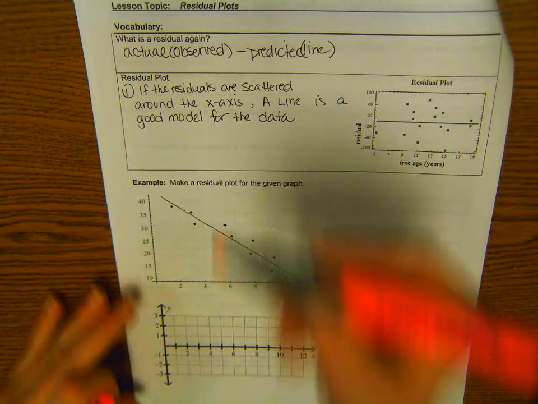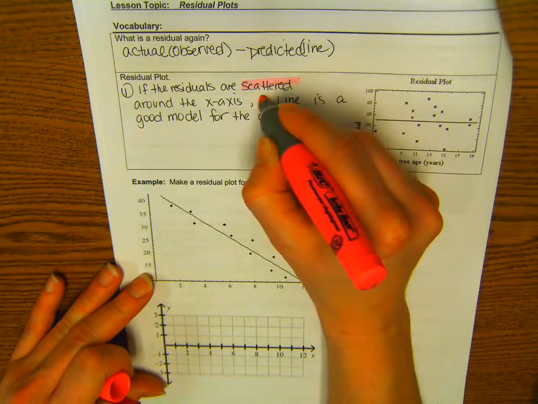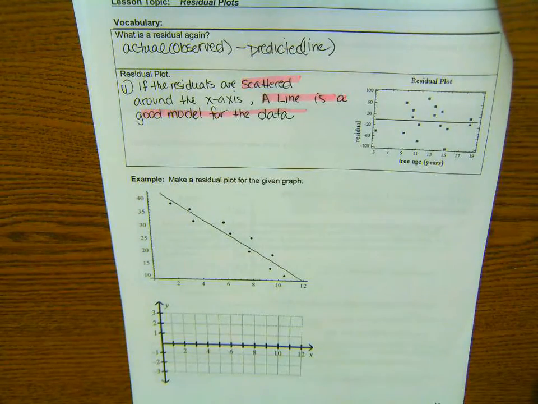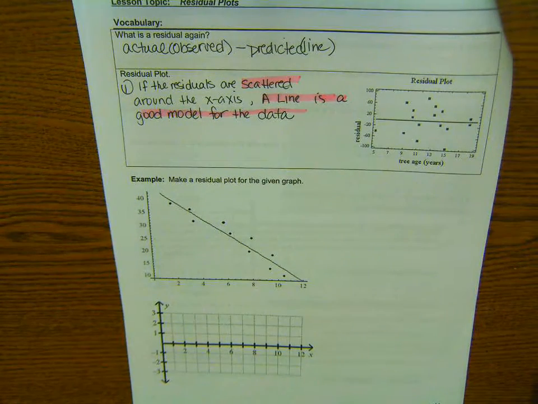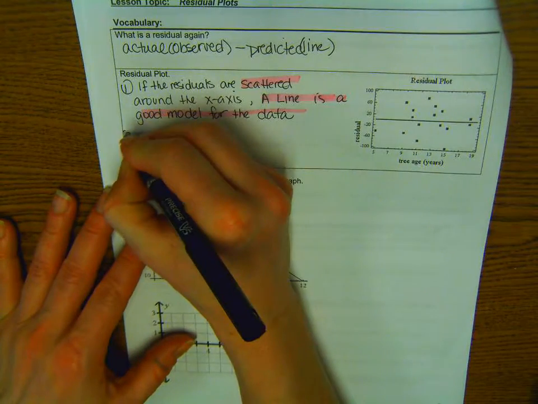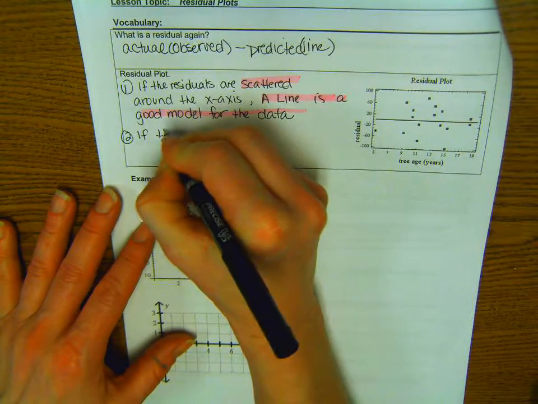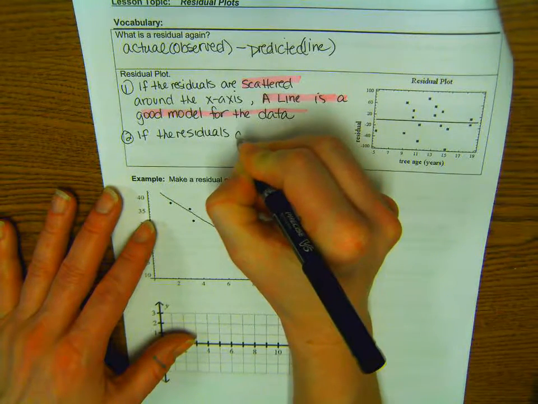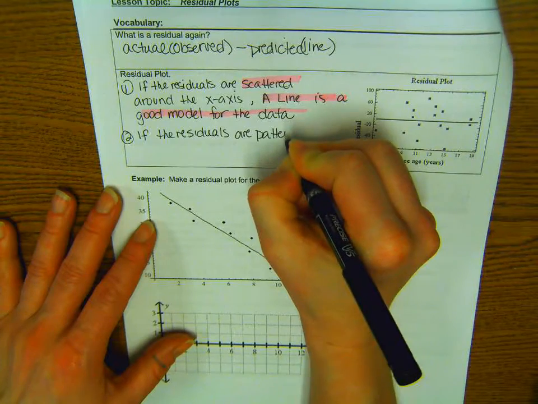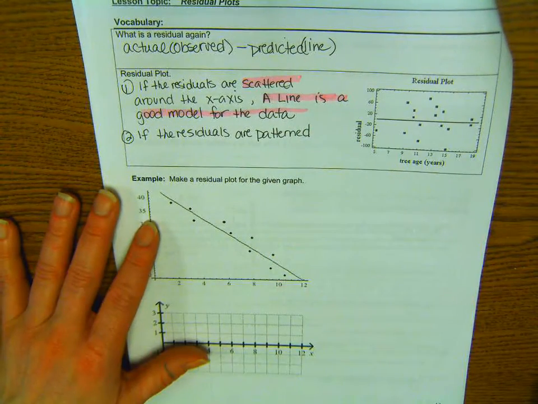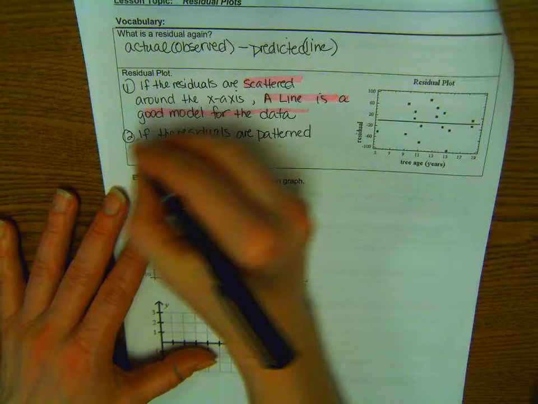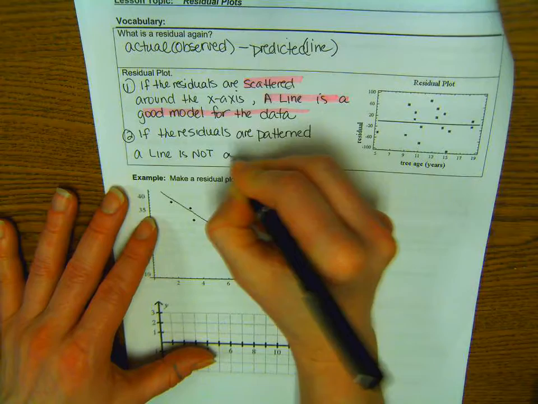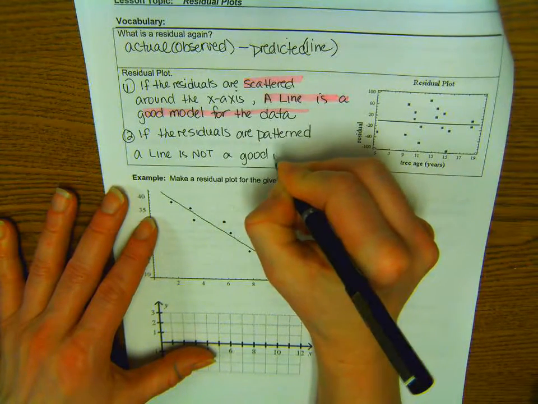So if they're scattered, a line is a good model for the data. If the residuals are patterned, a line is not a good model for the data.